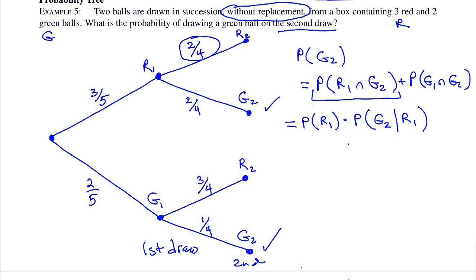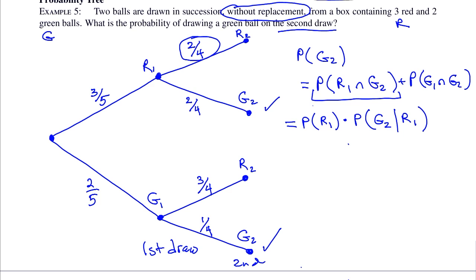So it's the probability of getting a red one on the first draw times the probability that you get a green one on the second draw, knowing that you had a red one on the first draw.